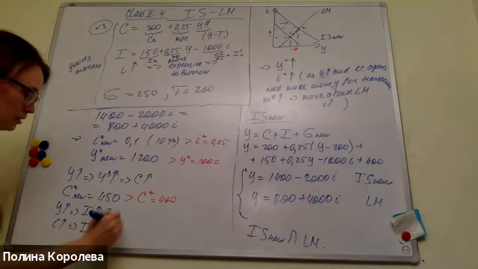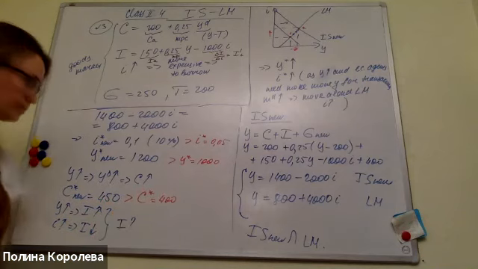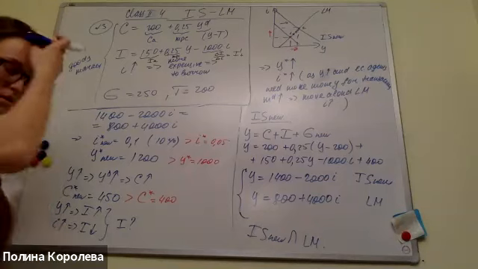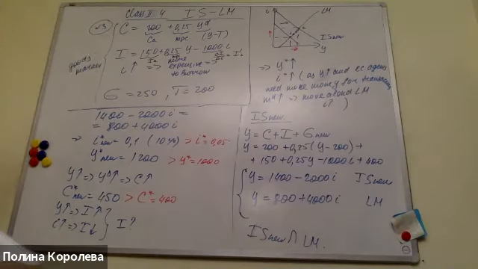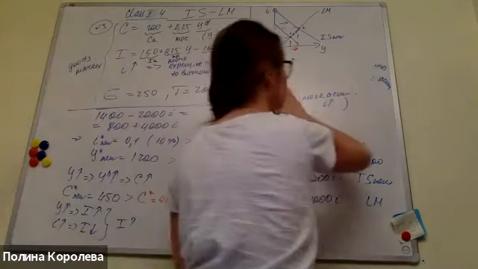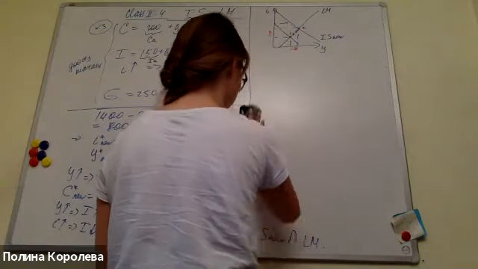And we do not know what will happen with investments in the end. So we should check it. Let's do it. Maybe somebody can calculate faster than me and tell me the answer for investments.